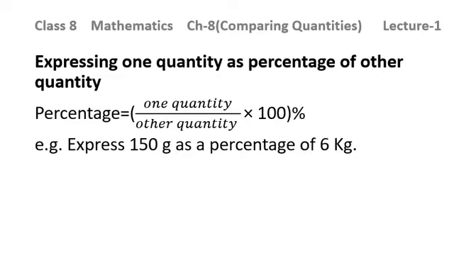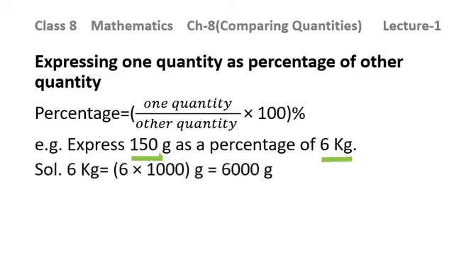As we need to express 150 grams as a percentage of 6 kilograms, 150 grams should be the numerator and 6 kilograms the denominator. 6 kilograms is the whole quantity given to you, and we need to express 150 grams as a percentage of it. I told you that to compare two quantities we need to make the units the same.